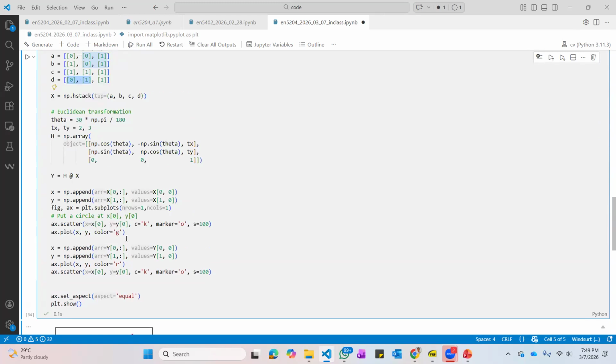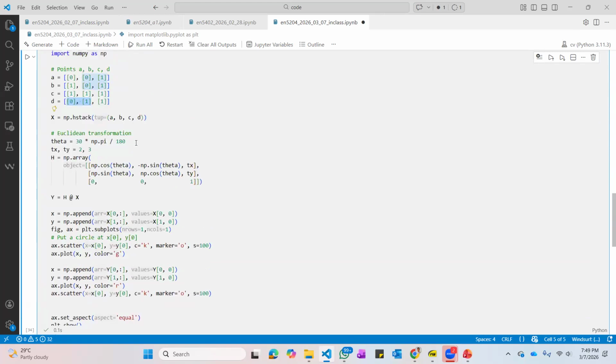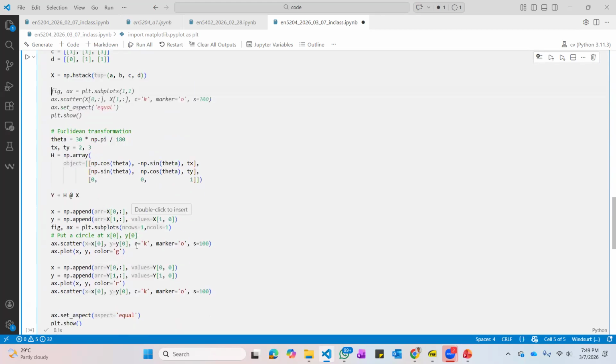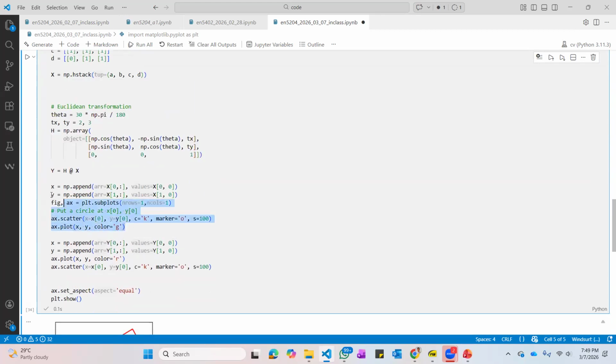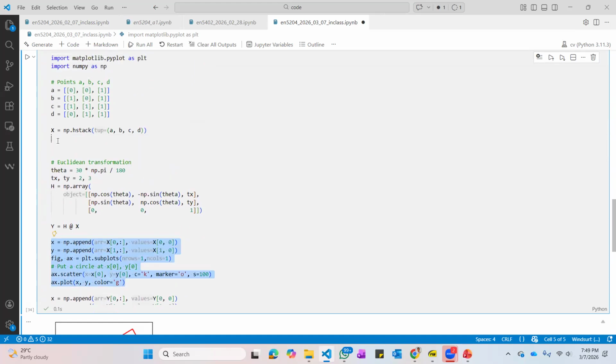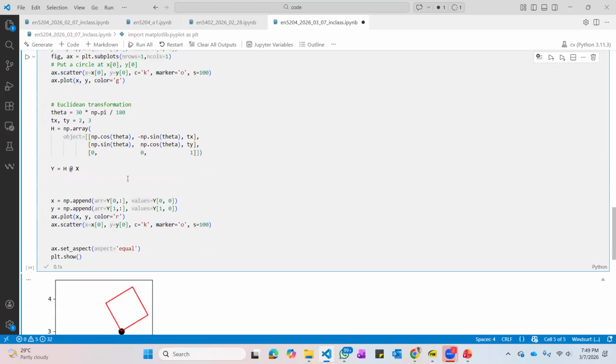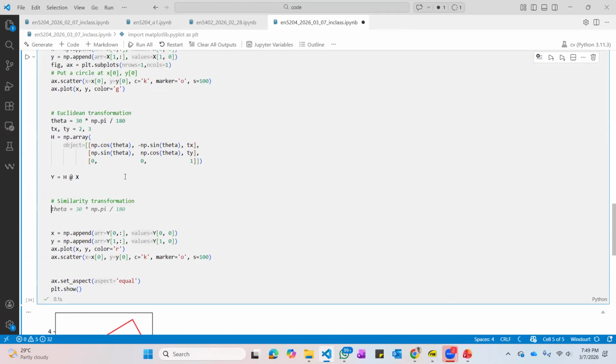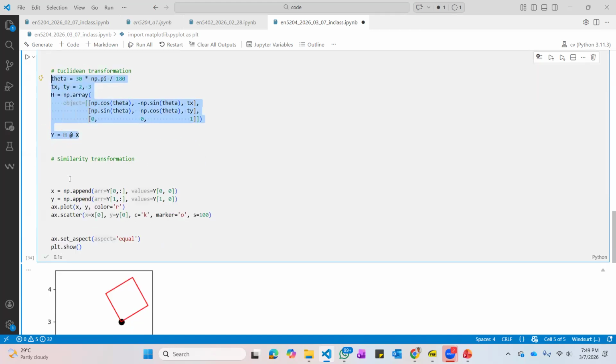That one is the Euclidean transformation. Okay, that's Euclidean. So now let's do a similarity. For the similarity transformation, you know that the same things exist.